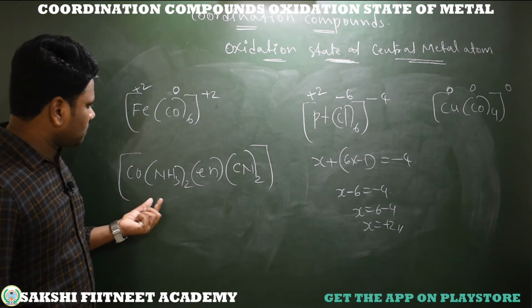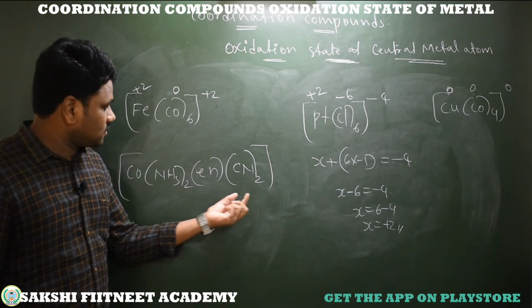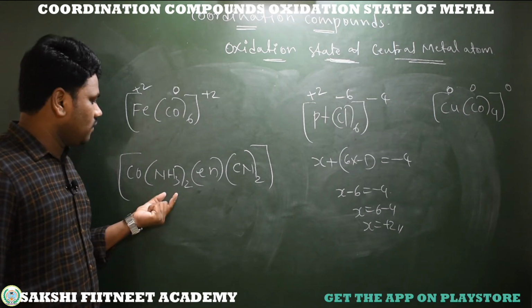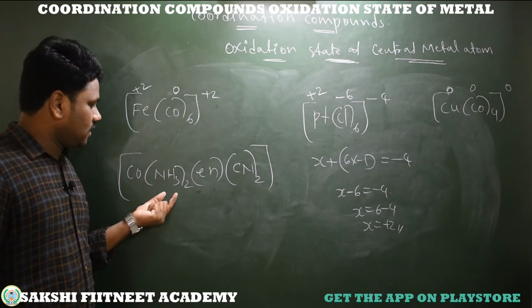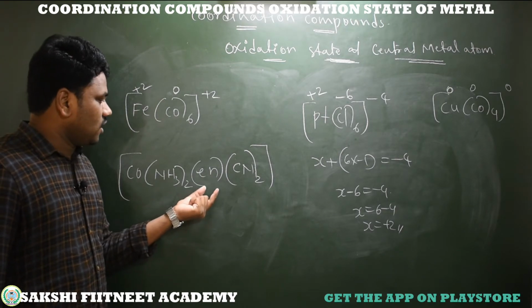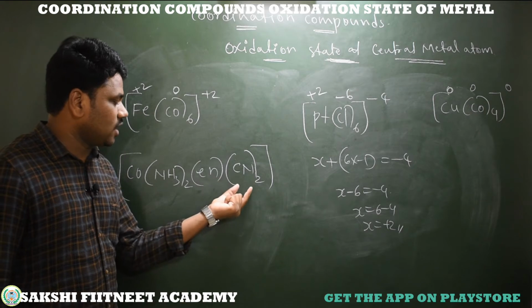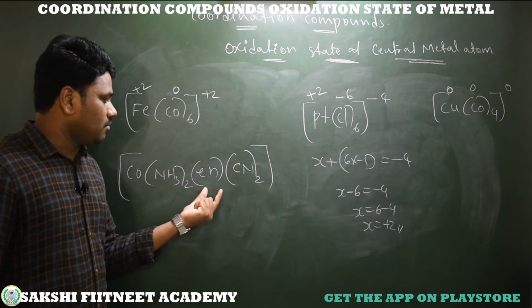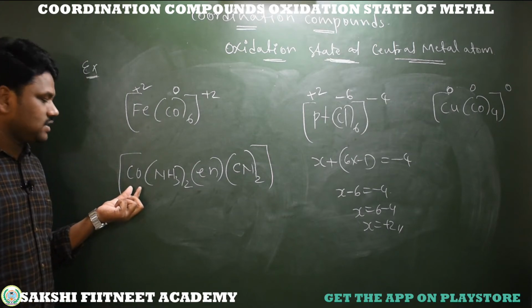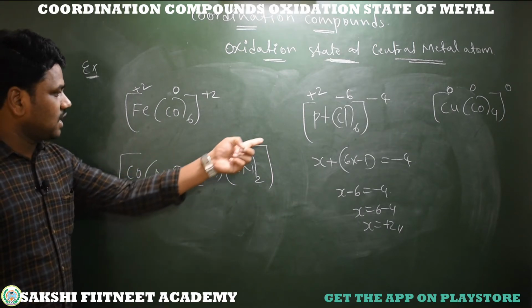So this is a compound with 2 cyanide ligands, one bidentate ligand ethylene diamine, and another monodentate ligand, two ammonia ligands. One bidentate ligand means 2, and two cyanides, 2, 2, 4. So what is the coordination number of this complex? It's 6.